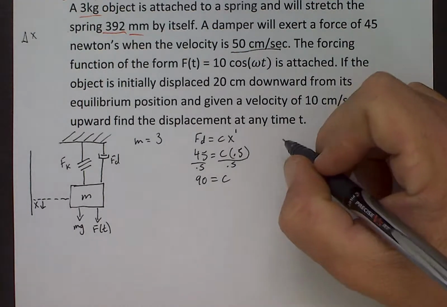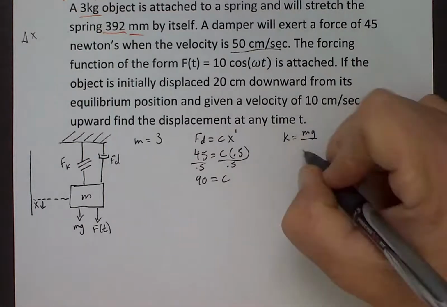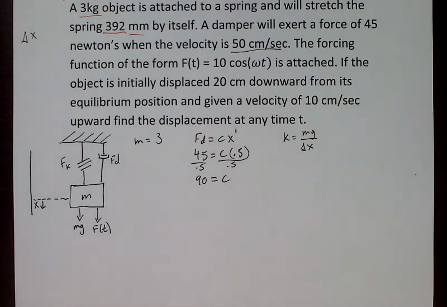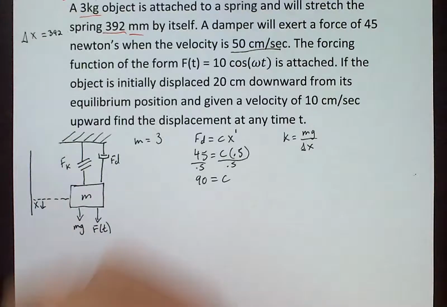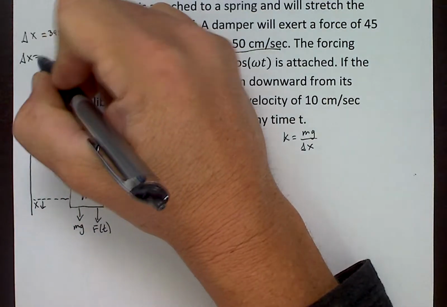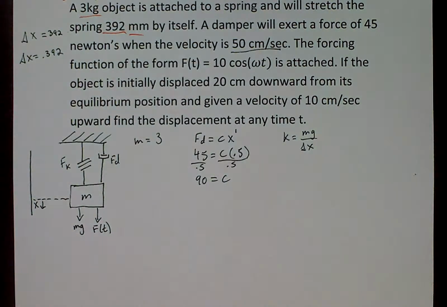The next thing we're going to do is figure out K. K is equal to mg over the change in x. The change in x was 392 millimeters. And we want that in meters, so moving it over 3 times for 1,000 millimeters in 1 meter.